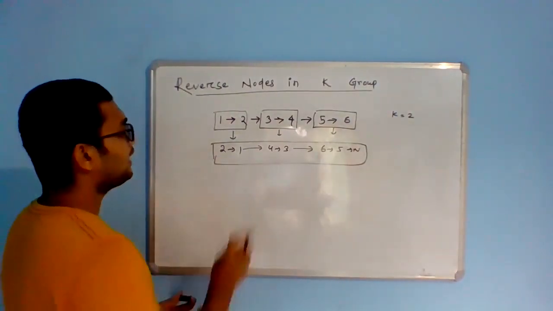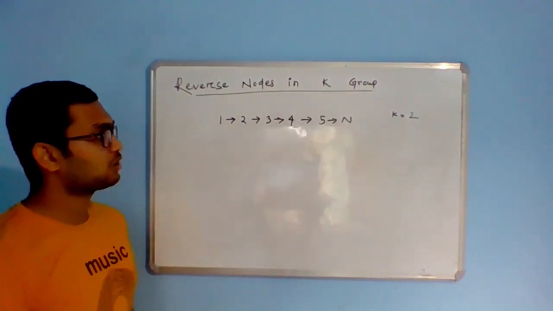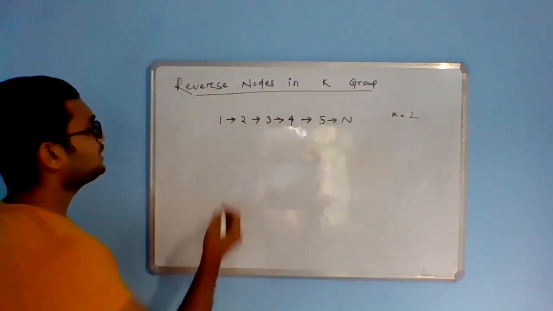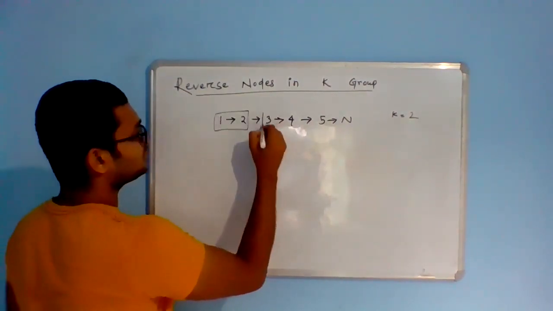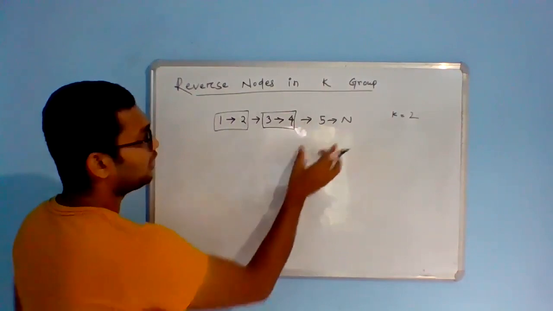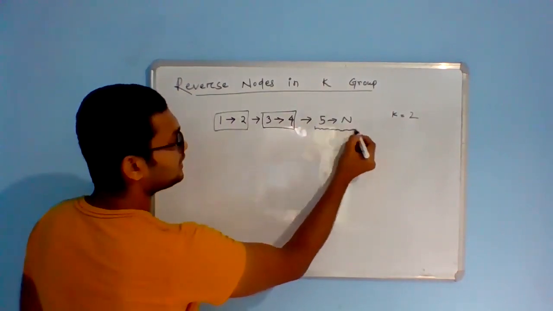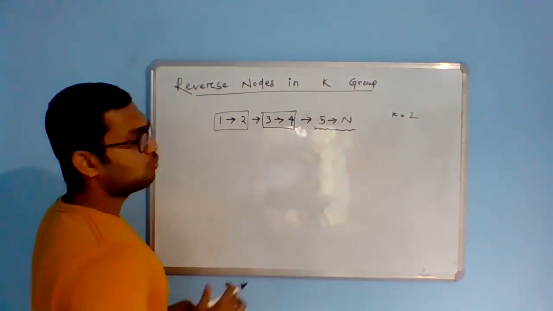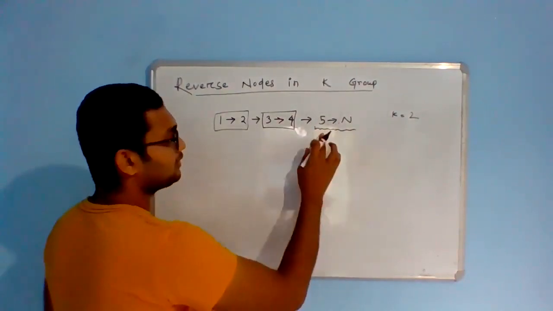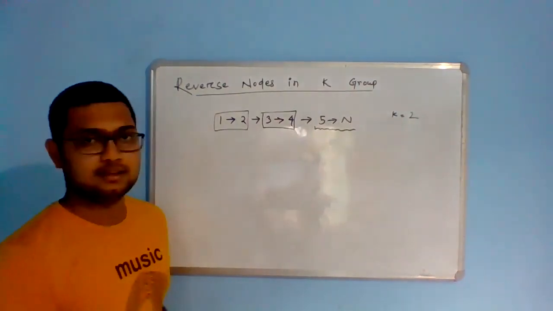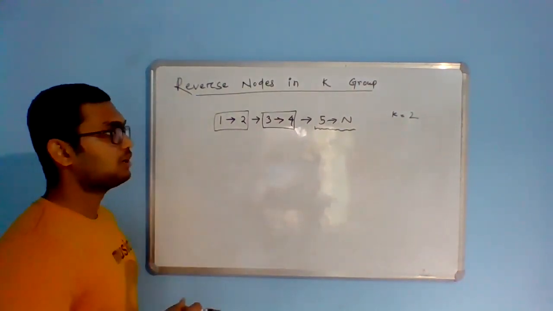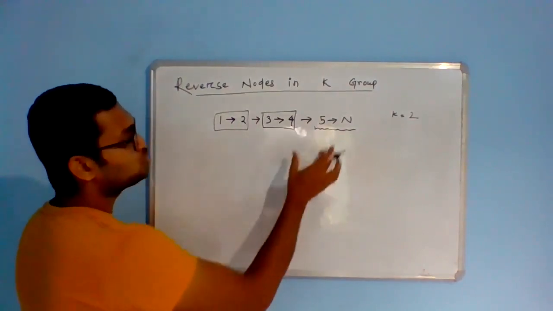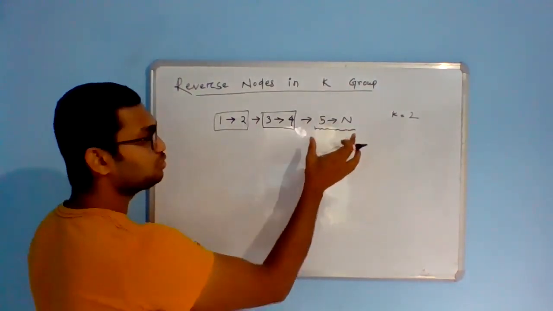Now let's say we have only 5 nodes in this singly linked list, where the value of k is 2. In this case as well, if we reverse every k-sized segment, there is a segment containing only one valid node. We cannot reverse that, since it is not a full group of k, as we see in the problem conditions. The question suggests that we should return it as it is.